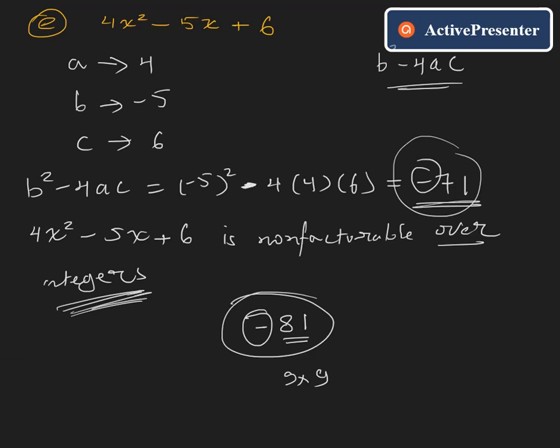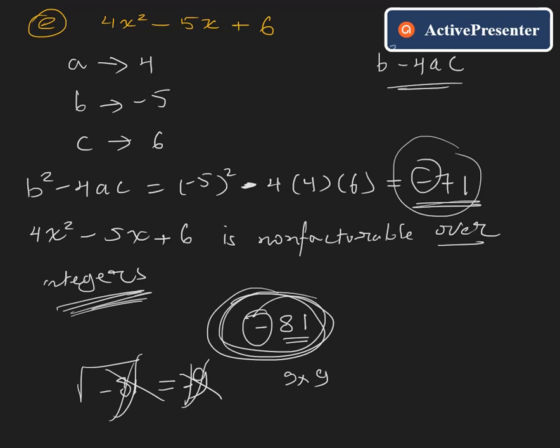There is no square root of minus 81 that will give you 9 or minus 9, so this is not a perfect square. In case you have an answer minus 81 or any negative number, then b squared minus 4ac is not a perfect square, and therefore it is non-factorable over integers. So be careful about that.